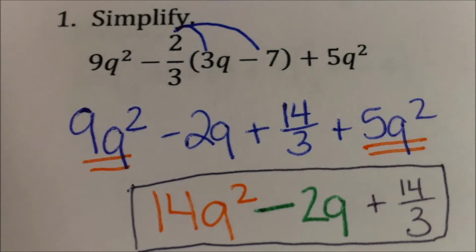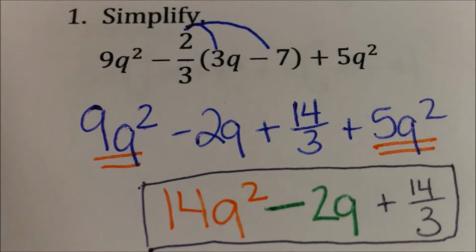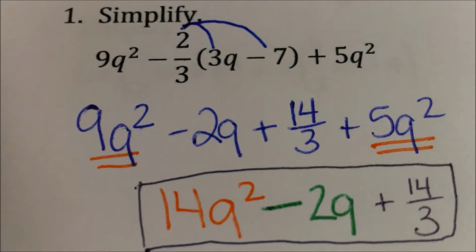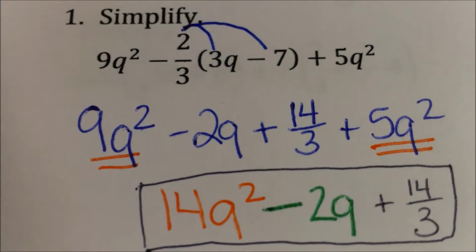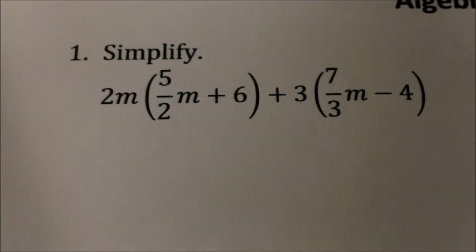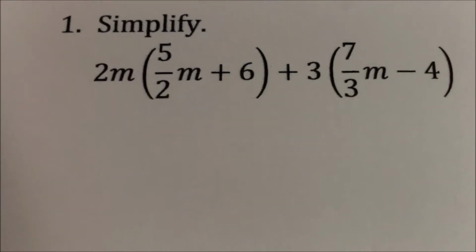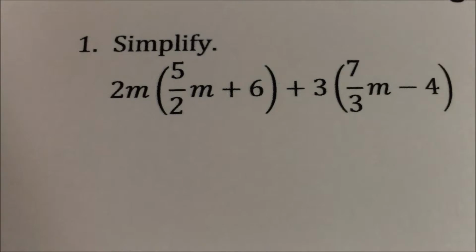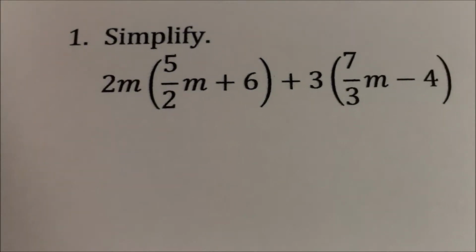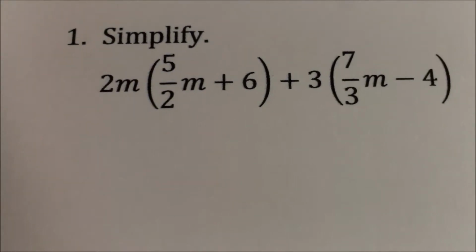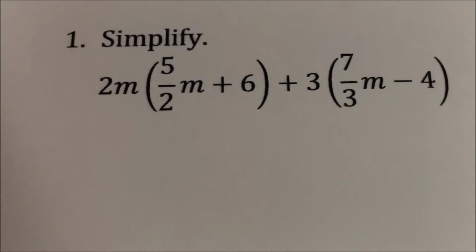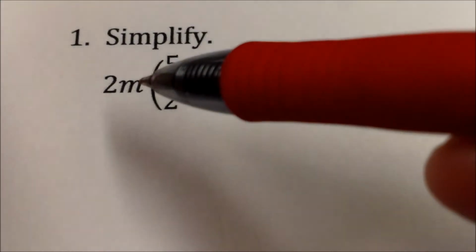So let's go ahead and do another one. This one's going to be very similar to the review you got for the Easter break. So we're going to do the distributive property. As you can see, there's a term in front.